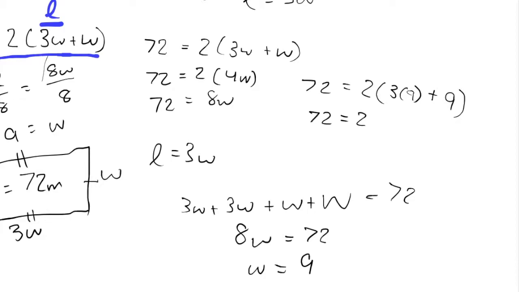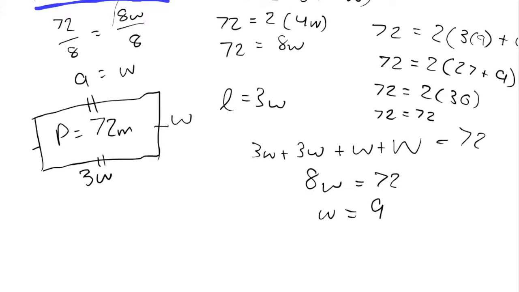We can say that 2 times the inner bracket first, so 27 plus 9. 27 plus 9 is 36. So 72 is equal to 2 times 36. And of course, 2 times 36 is equal to 72. And we have 72 is equal to 72, meaning our width is correct.